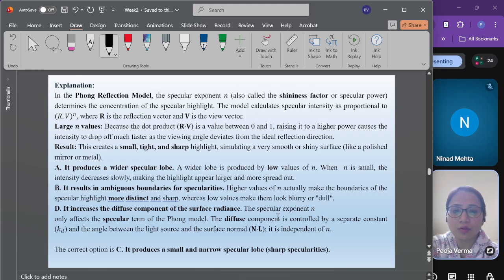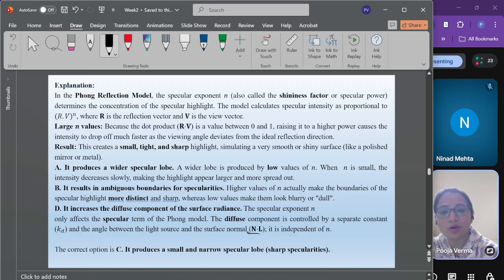The specular exponent n only affects the specular term of the Phong model. The diffuse component is controlled by a separate constant, Kd, and the angle between the light source and the surface normal, that is n dot l. So it is independent of n. Okay, so option C is the correct answer.